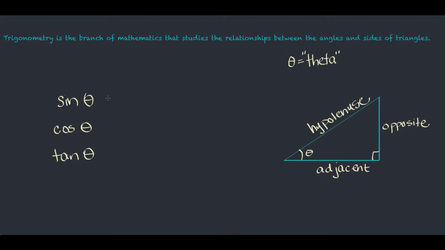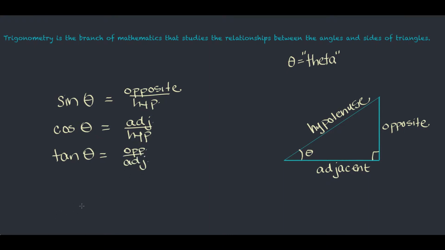All of these you should have learned in geometry. The sine of the angle is the ratio of the opposite side to the hypotenuse. The cosine is the ratio of the length of the adjacent side to the hypotenuse. And the tangent is the ratio of the length of the opposite side to the adjacent side.